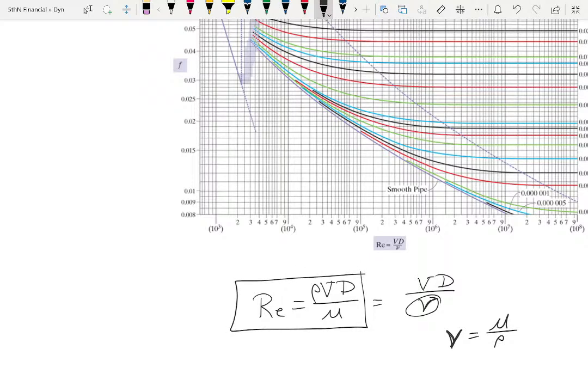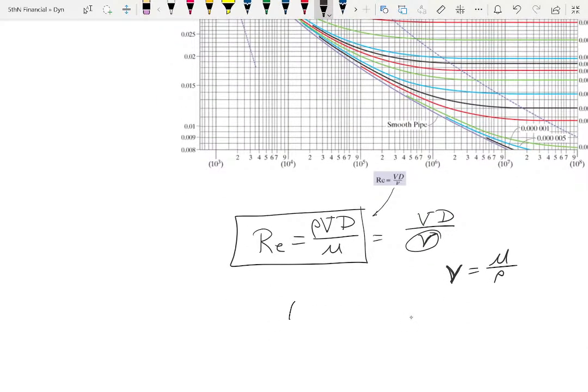So these are both the same thing. We'll assume this is water. So if that's the case, rho is 1.94 slugs per cubic foot, and mu is equal to 2.34 e to the minus 5. We saw the other day how this varied quite a bit.